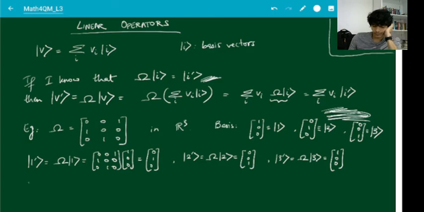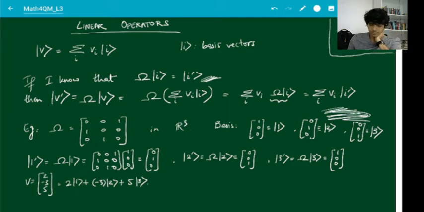So then, given some vector v, let's call v as 2, minus 3 and 5. So this is 2 times |1> plus minus 3 times |2> plus 5 times |3>. So then |v'> is going to be the same coefficients but with the primed basis vectors.